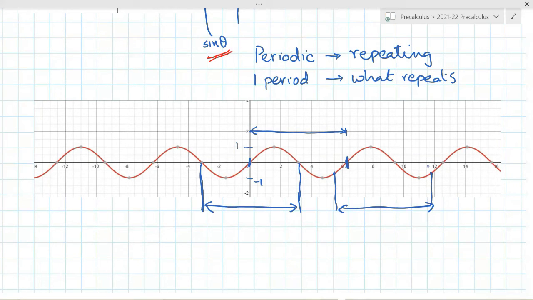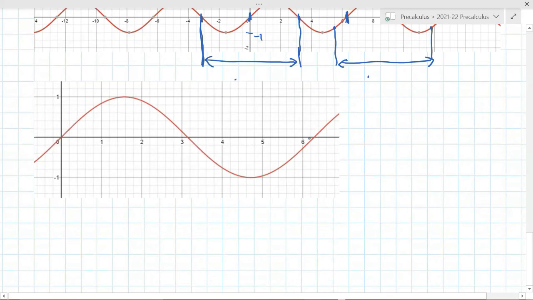All of these have the same width. This width is called a period. You could take any portion of the sine wave that is that wide, it will repeat. But we typically work with either this one, negative pi to pi, or work with 0 to 2 pi, because that keeps things simple.